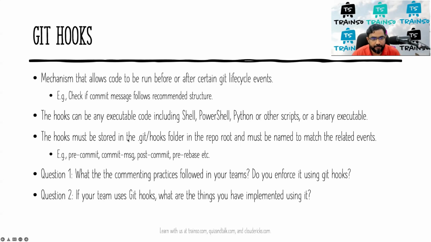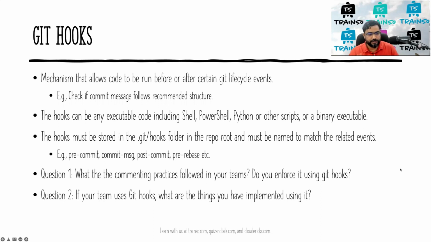So hooks can be any executable code, including a shell, PowerShell, Python, or other scripts, or even a binary executable. The hooks must be stored in the .git/hooks folder in the repo root and must be named to match the related events. For example, pre-commit, commit-msg, post-commit, pre-rebase, etc.